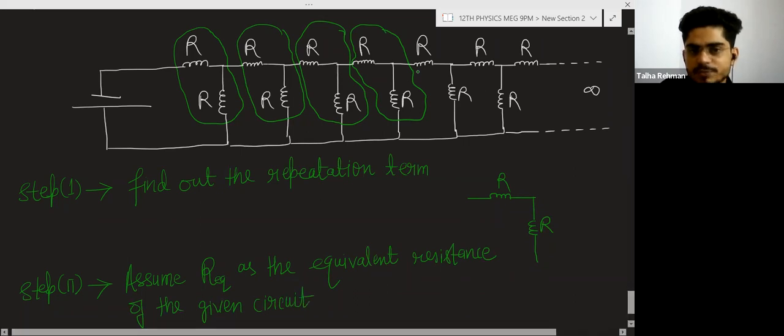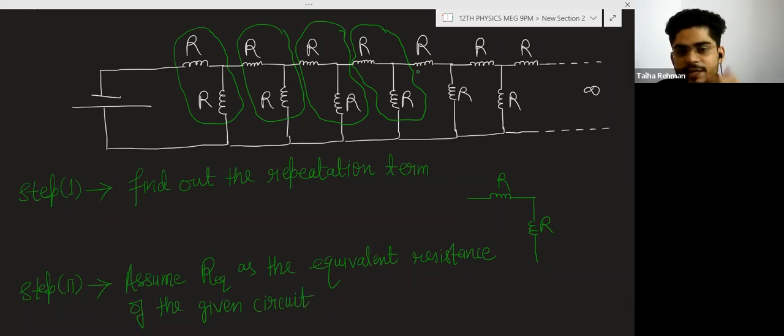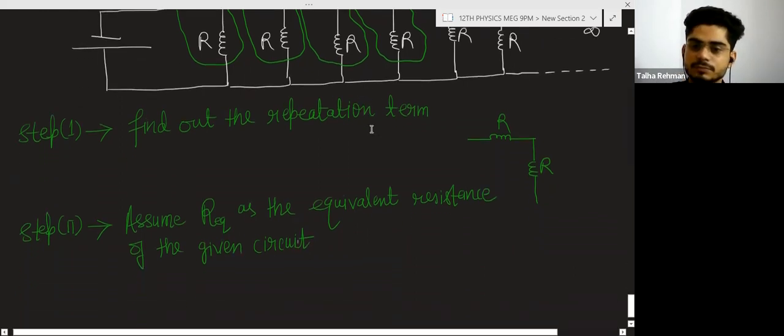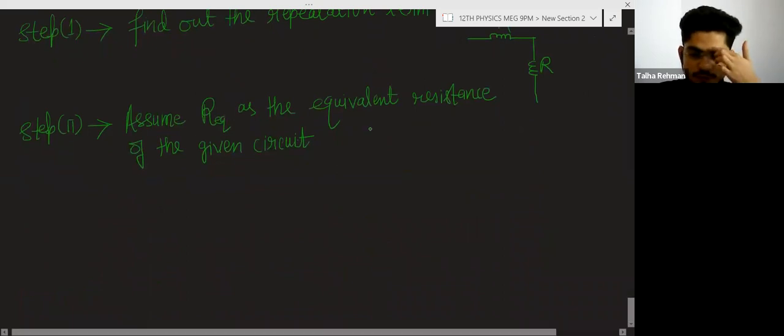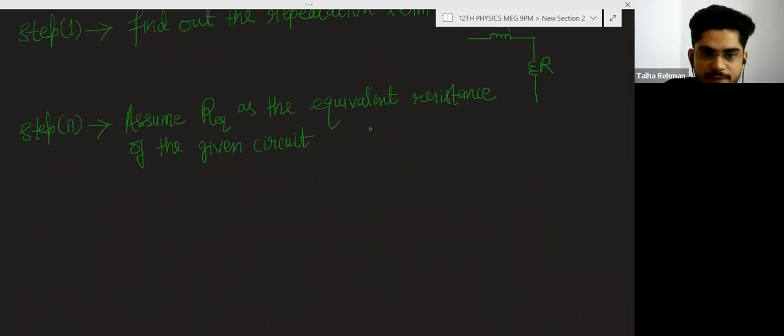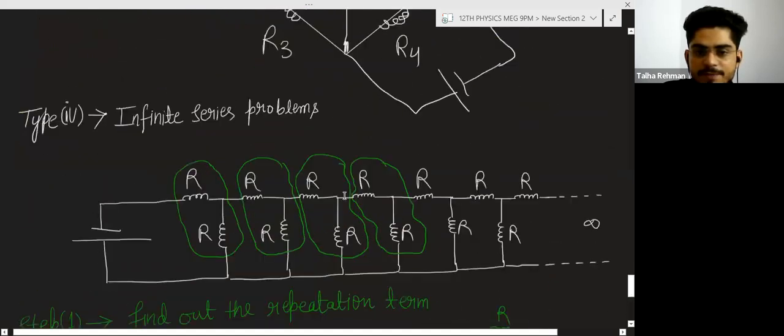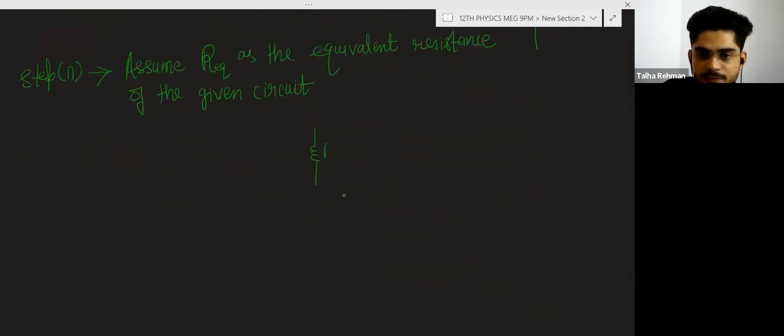Means you will assume that this whole circuit has the resistance R equivalent. Okay.